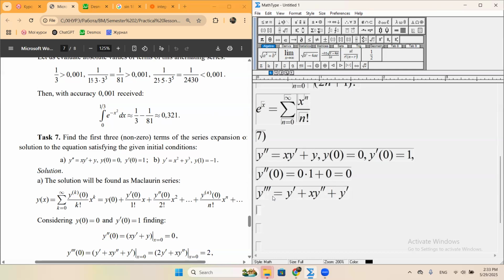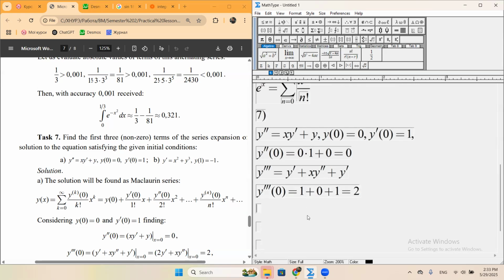And what about y triple prime at 0? It will be equal to 1 plus 0 plus 1, so it equals 2. So found. Then we have two non-zero terms.